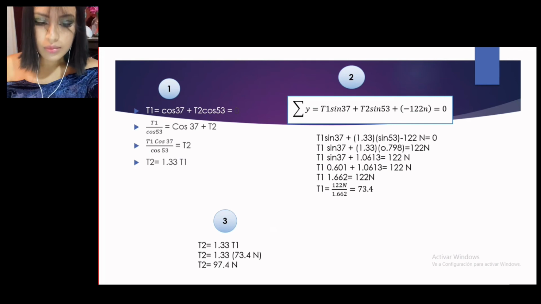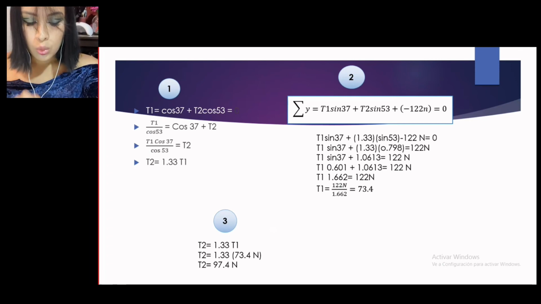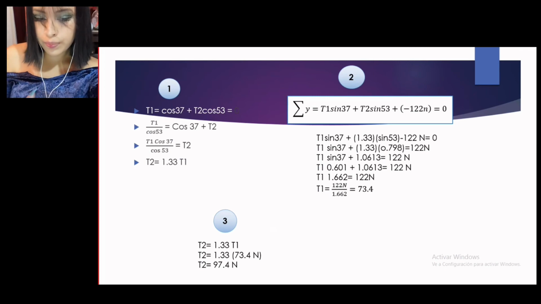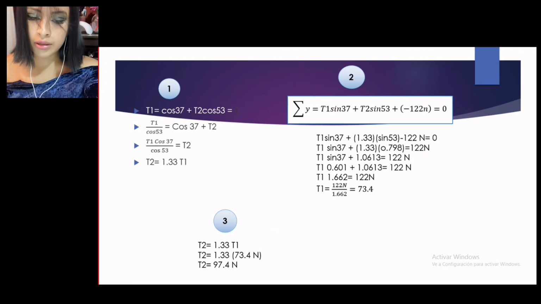So we remember that we had 1.33 T1. We have to do the multiplication and put the result in letter T1, tension 1.